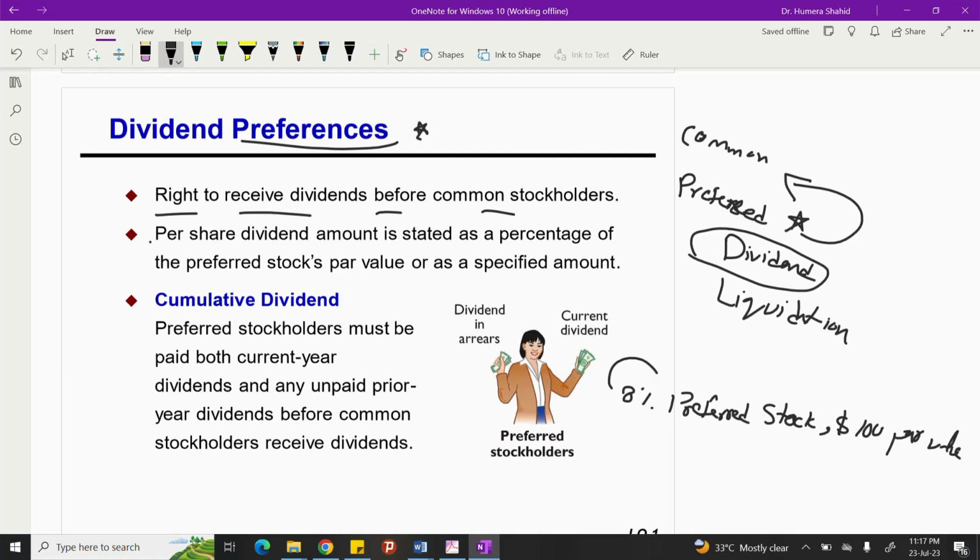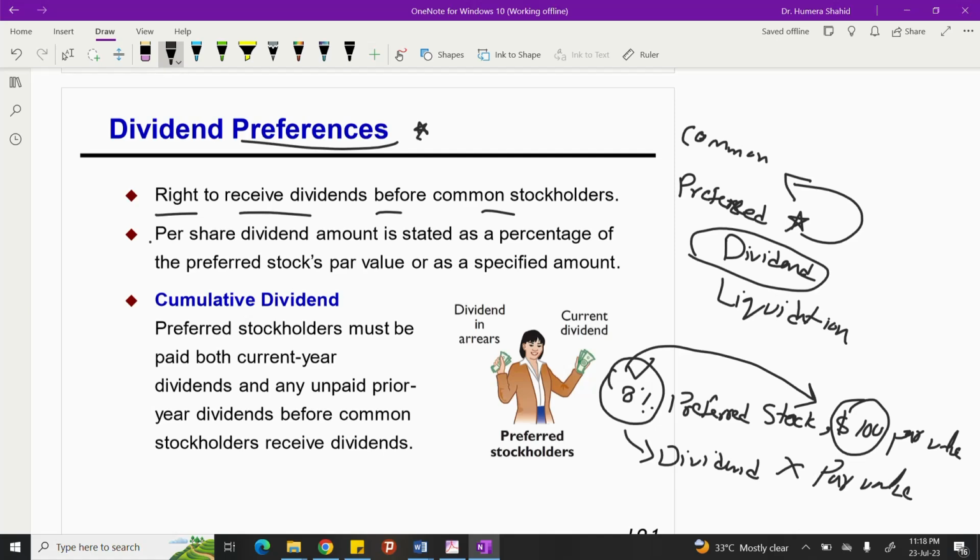So this 8% is the percentage of dividend the preferred stock wants. And this is always calculated on par value. Par value of the preferred stock doesn't change. Also, the dividend percentage is fixed. So every year the claim which preferred stock has in the form of dividend doesn't change, because the percentage is the same and the par value is the same.